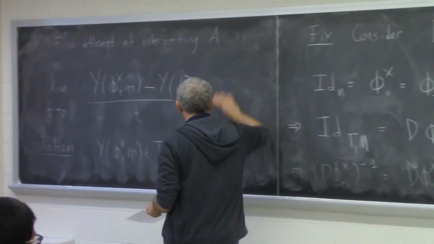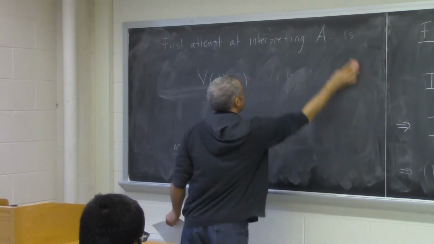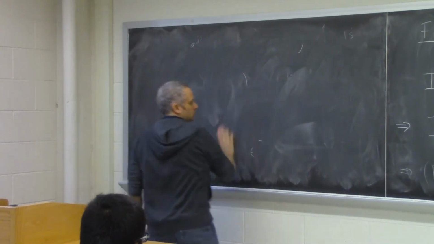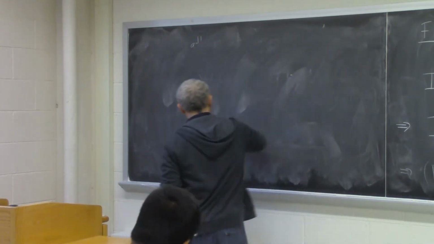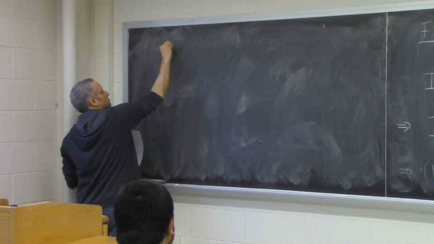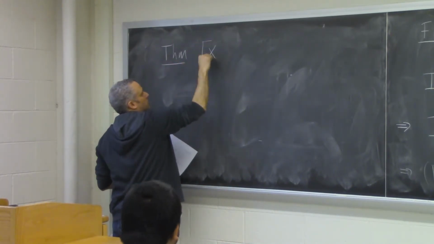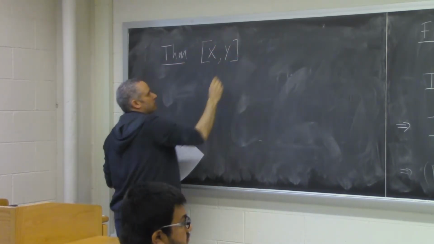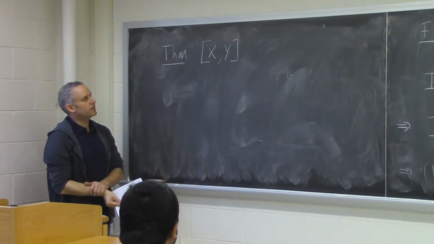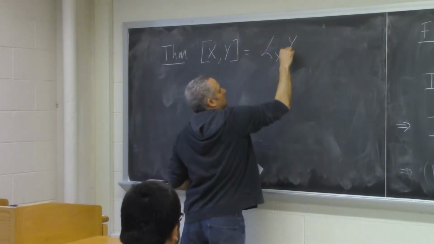And that's no accident because we have the following beautiful theorem: this thing we kind of constructed by default, the Lie bracket, which is a new vector field, is the same as this.